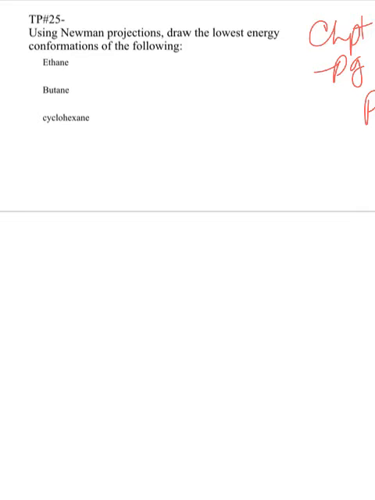When you want the lowest energy, if you remember, that's going to be staggered, and it's going to be anti, compared to, remember, gauche. So to draw ethane, so ethane is CH3, CH3.